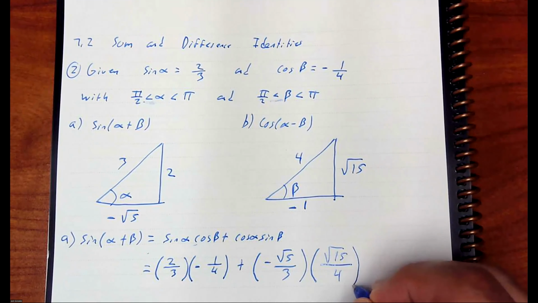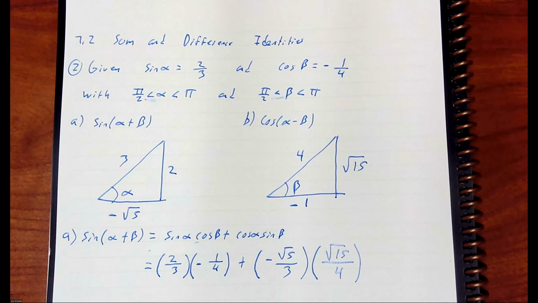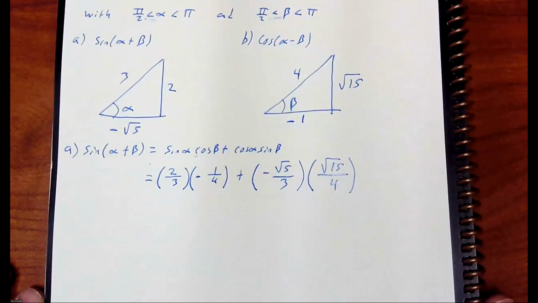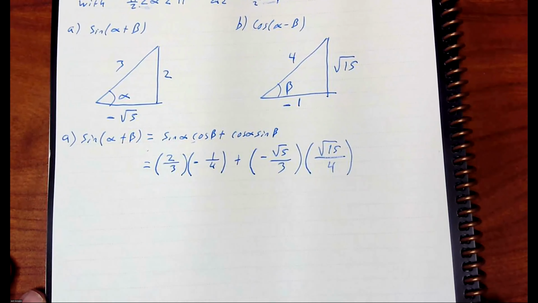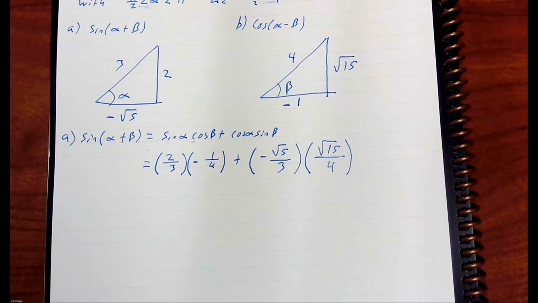Over 4, correct? You want to save your triangles built, so you just write them down. Okay. It's not too bad, I hope. At this point, you're pretty much done. Just do some algebra. Does the idea make sense?